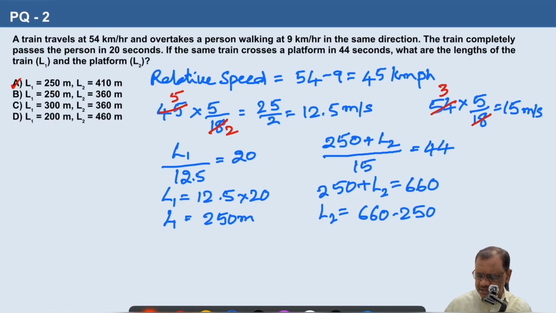By subtraction, 0, 1, 4, 410 meters. So this is the length of the platform. L1, the length of the train, is 250 meters, and 410 meters is the length of the platform. So what is the correct answer? Option A is the correct answer here.